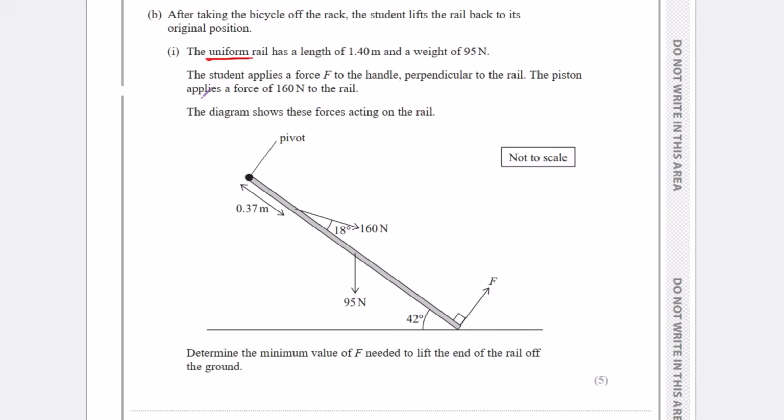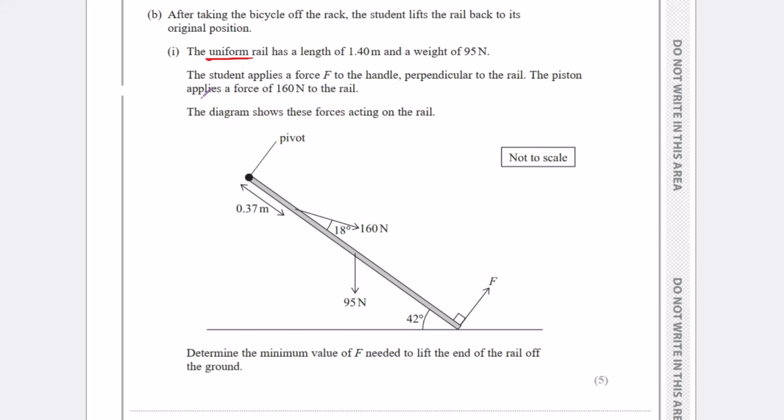It has a length of 1.4 and a weight of 95. Fine. The student applies a force of F to the handle perpendicular to the rail. The piston applies a force of 160 newtons to the rail. The diagram shows these forces acting on the rail. Fine. Determine the minimum value of F needed to lift the end of the rail off the ground.